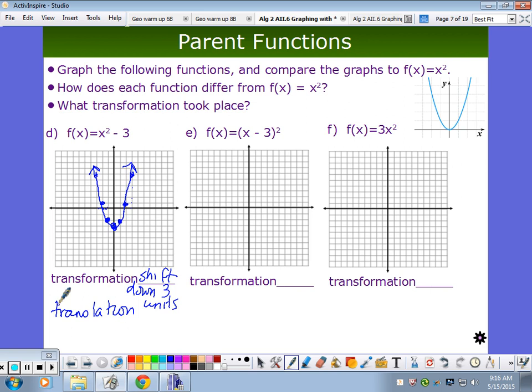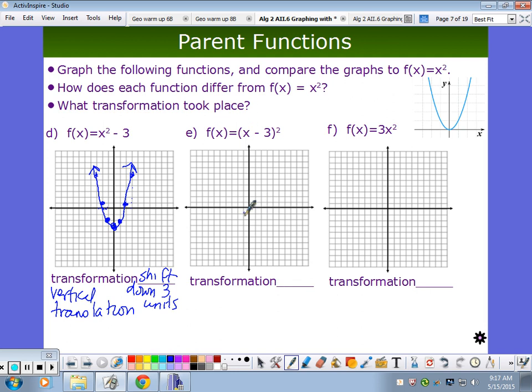This minus and this plus, and this is still a vertical translation. So this minus 3 moves it up and down. What do you think is going to happen with this one compared to what happened with the x plus 3? What do you think, Tyler? Yeah, he's predicting, well, since the plus went to the left, maybe this one goes to the right. Let's just try a couple of points.